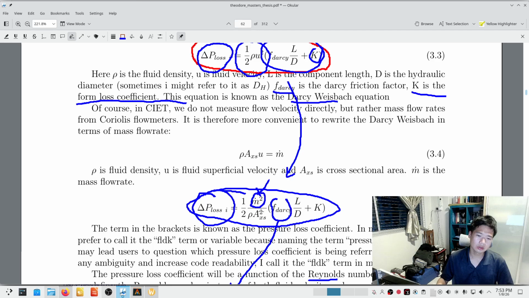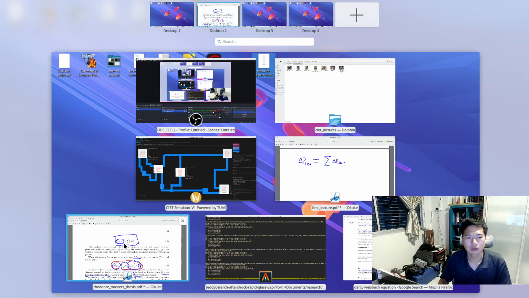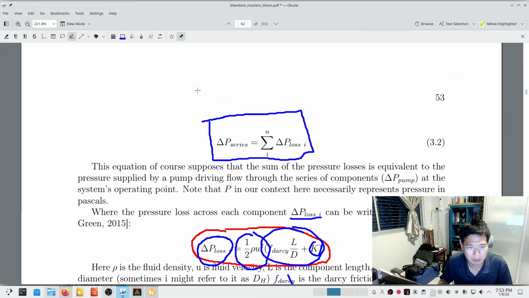So, to solve this Darcy-Weisbach equation, there needs to be an iterative approach. From this equation here, there's going to be a certain pressure loss, let's say 1000 pascals, for example.